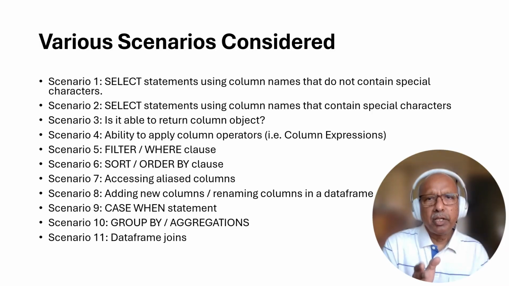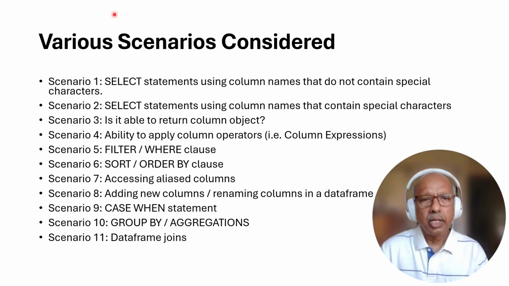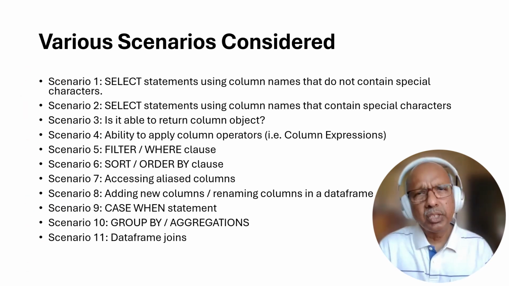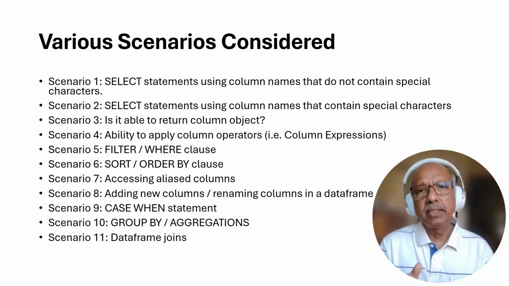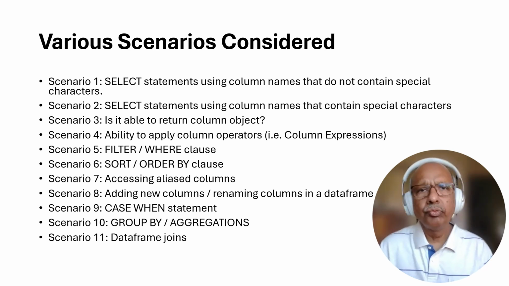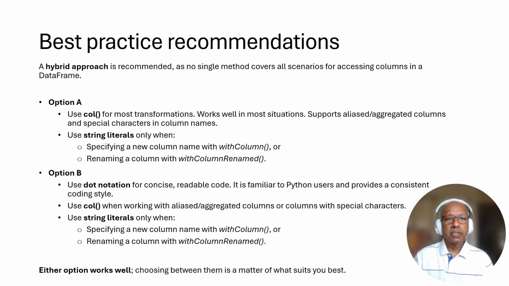I have considered 11 different scenarios as shown on the screen here to see which methods support which of those scenarios. Based on my analysis of the scenarios, my recommendations are: firstly, I recommend a hybrid approach because no single method covers all the scenarios.